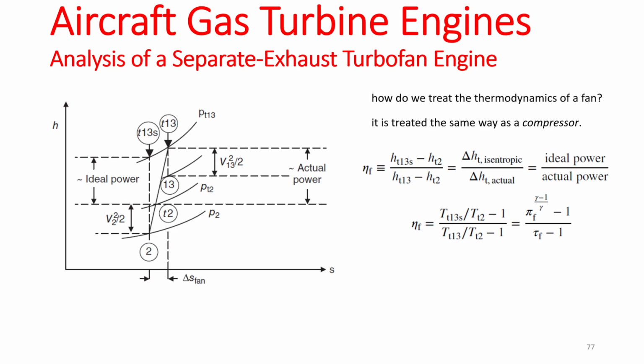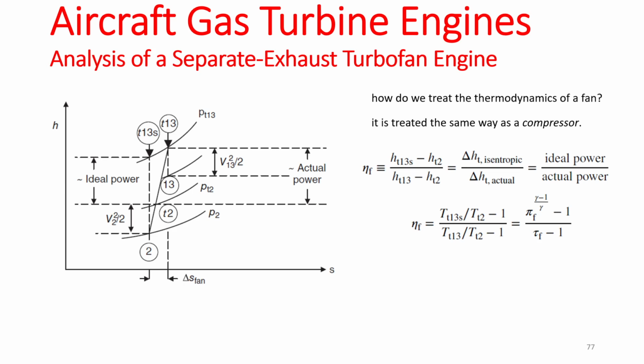So you divide everything by Tt2, and your equation is going to become Tt13s, the isentropic, divided by Tt2 minus 1, over Tt13 divided by Tt2 minus 1. Okay. Well, what is this?